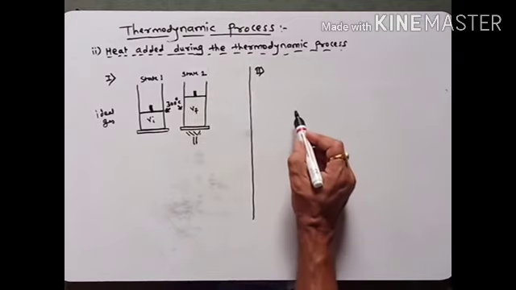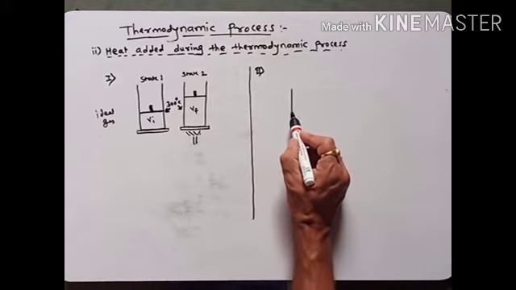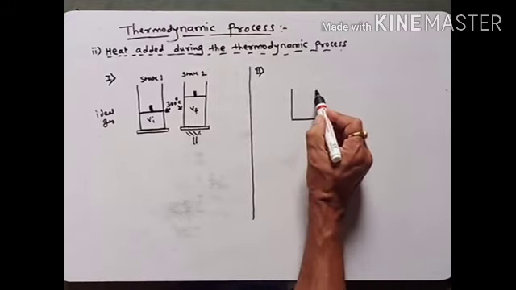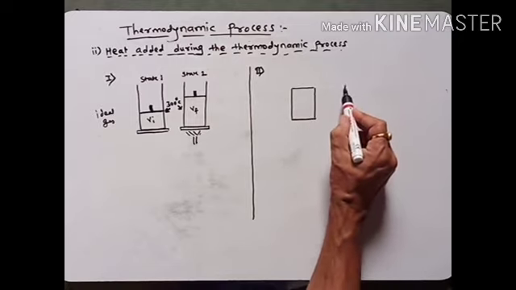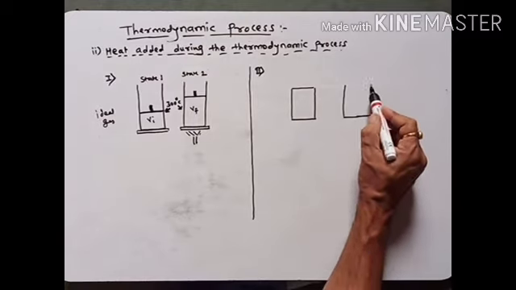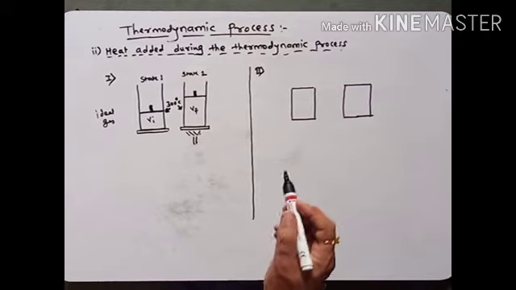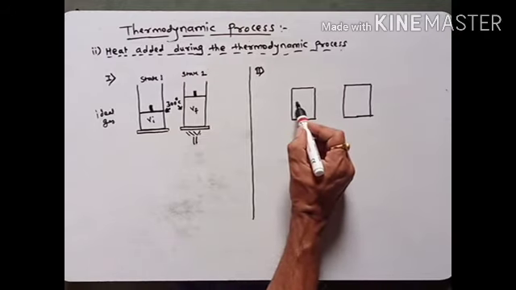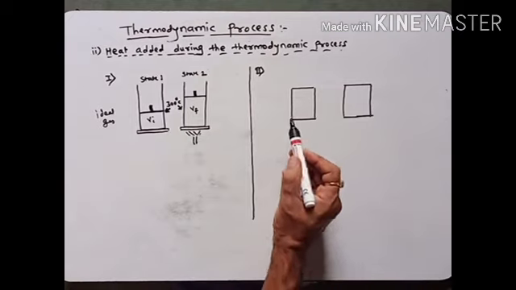Suppose this is the container. Again here we consider the same container. Now this gas cylinder is surrounded by insulating material.